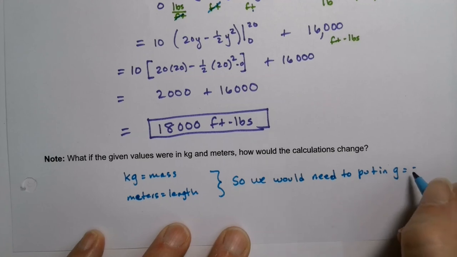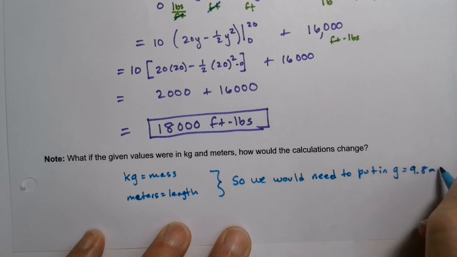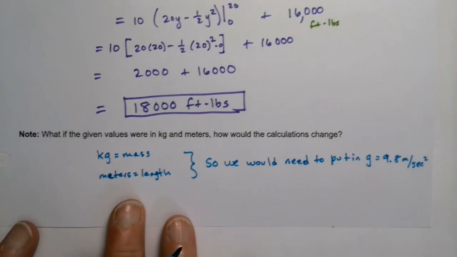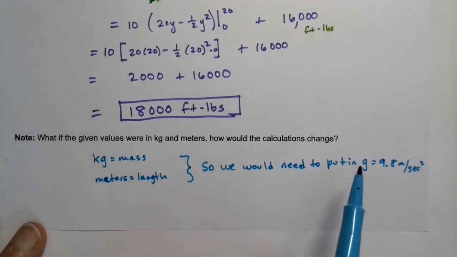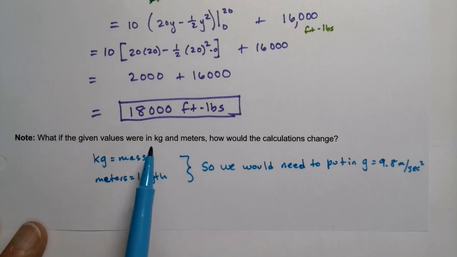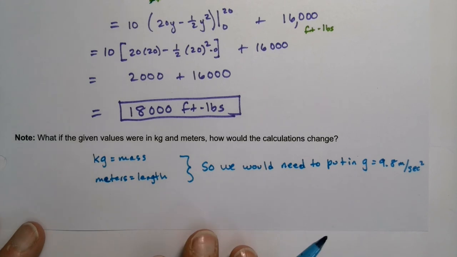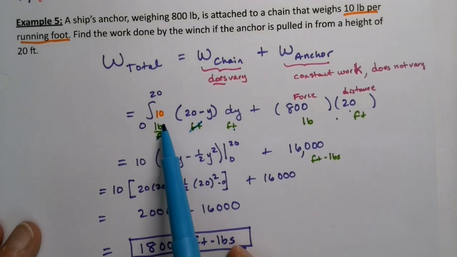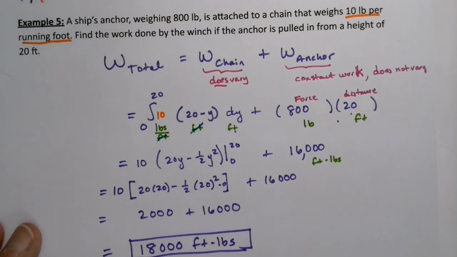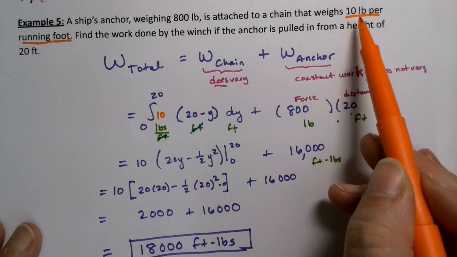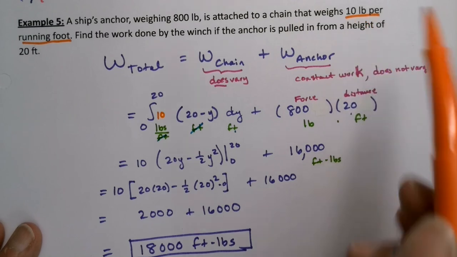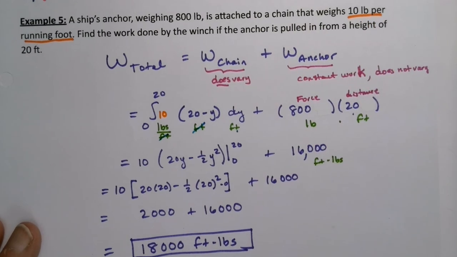It's 9.8 meters per second squared. It's an acceleration, right? So if you're given the problem in kilograms and meters, you're going to have to use 9.8. When you're given feet and pounds, you didn't, because gravity is already part of this problem. It's already figured into the fact that it weighs 10 pounds. So gravity is already taken into account.